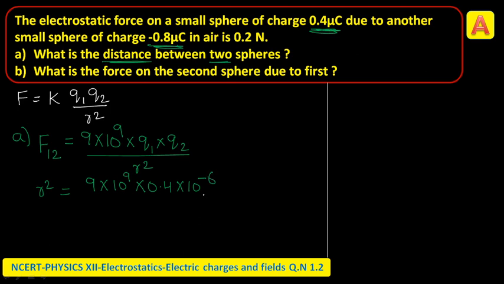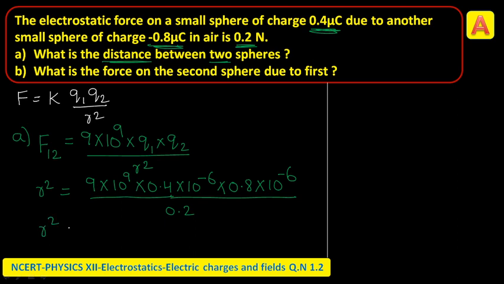Here we have to consider only the magnitude of charges, into 0.8 into 10 power -6, by the force acting on the first charge due to the second charge, that is 0.2.